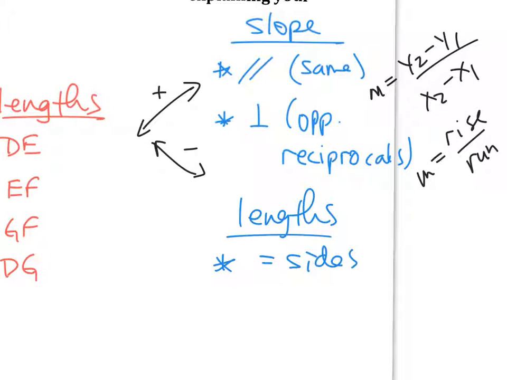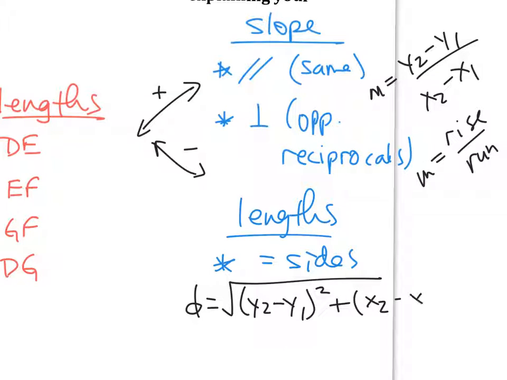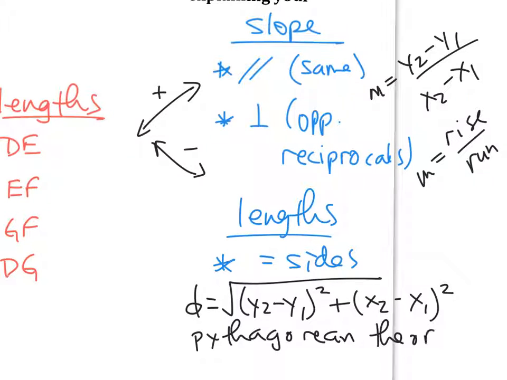And then the lengths, you got to either use d equals the square root of (y2 minus y1) squared plus (x2 minus x1) squared, or use the Pythagorean theorem, because the distance formula is the Pythagorean theorem.